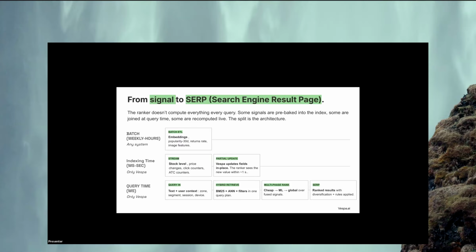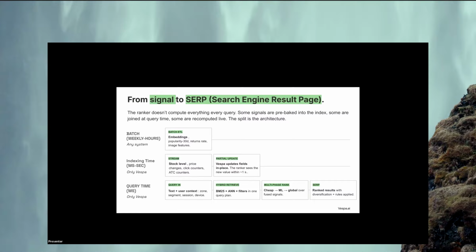Vespa leverages multi-phase ranking. During the first phase ranking, we can use a cheap computation, which can be BM25 or nearest neighbor search, to isolate the first candidate set. And during re-ranking, we can apply more expensive learning to rank machine learning models, which would apply business rules, propensity to buy.